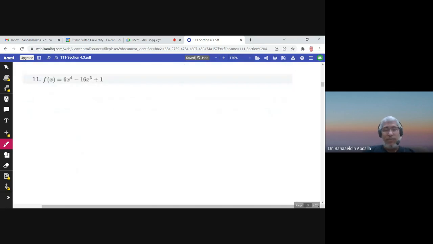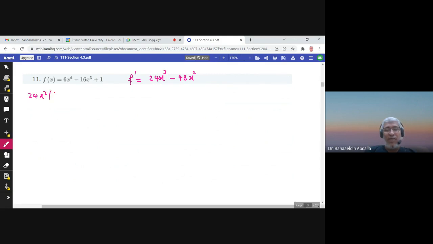Another question, same, we need to find f prime. f prime is 24x to the power 3 minus 3 times 16, this is 48x to the power 2. Now I put f prime equal to 0. I can take 24x squared as a common factor.